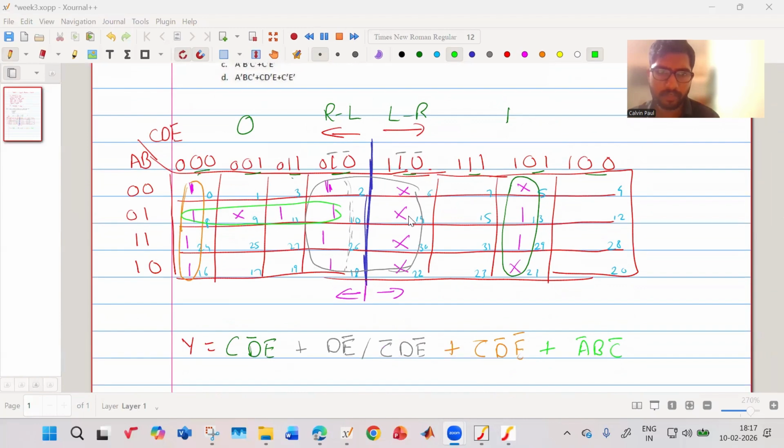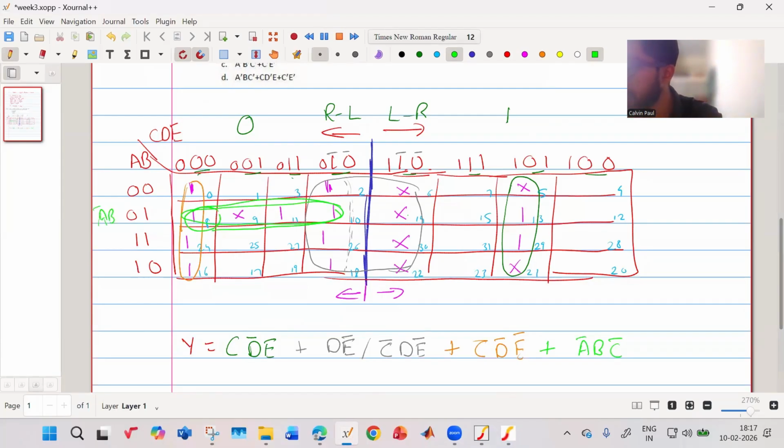Green, right? Okay. So for the green one, you're talking about this one, right? This entire one. If you see in this row, this is A bar and this is B. Let me write it, it makes more sense.